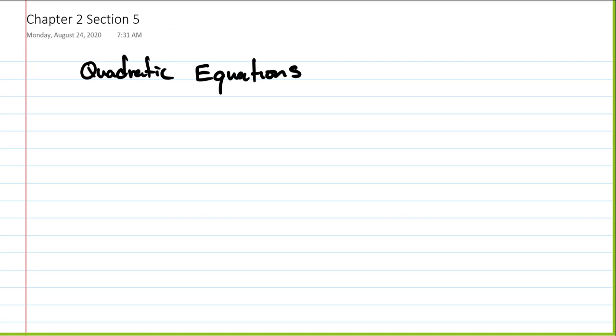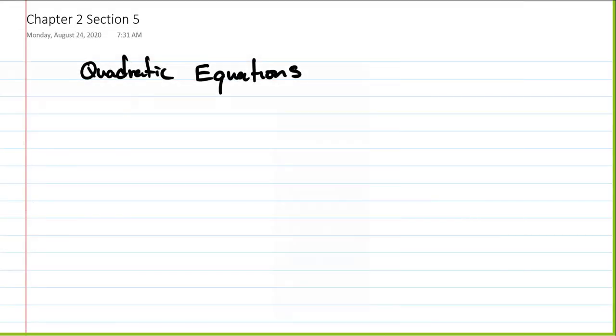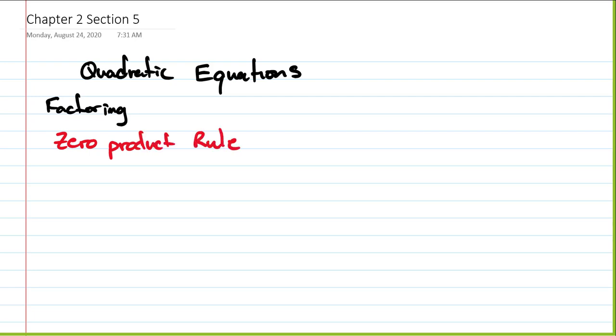So the first method we wish to talk about is factoring. To use factoring, one thing we need to remember is what is called the zero product rule. And we're going to use this a lot throughout the semester.